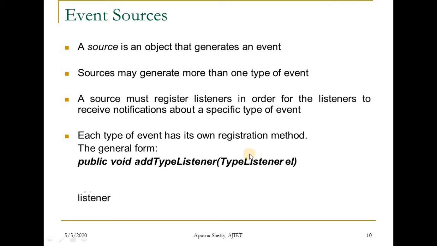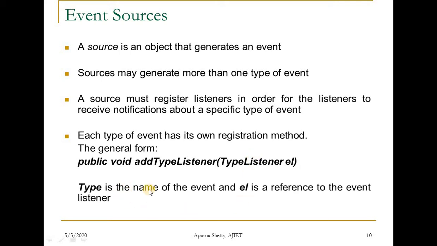Here, Type is the name of the event and el is the reference to the event listener. So in order to register the event listener, we need this method, and we pass an object of the listener type.